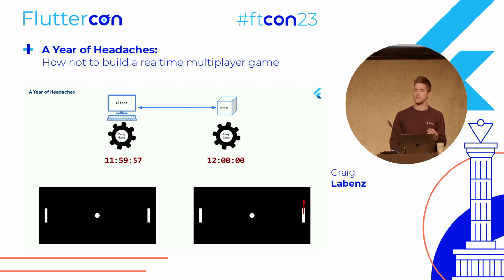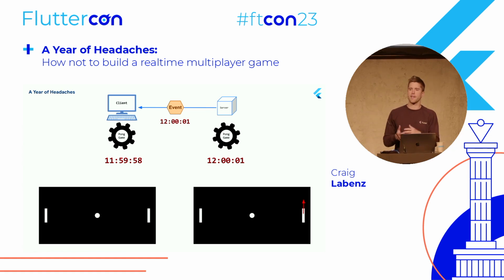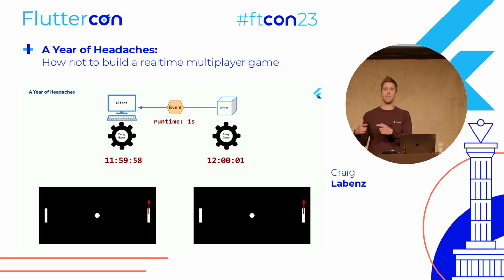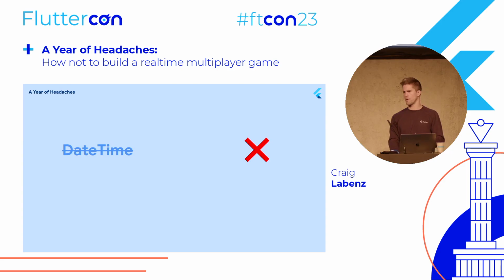So then imagine 1 second into the game, the right paddle moves up, and the server disseminates a command that says, at 12 o'clock and 1 second, the right paddle moves up. Right? That's 3 seconds in the future when it gets to the client. But if instead that command says, move the paddle up 1 second after your game started, then all the clients are like, aha, I know what that means. I need to move the paddle now. So date times are the worst, they're out. Durations are the best, they're in.